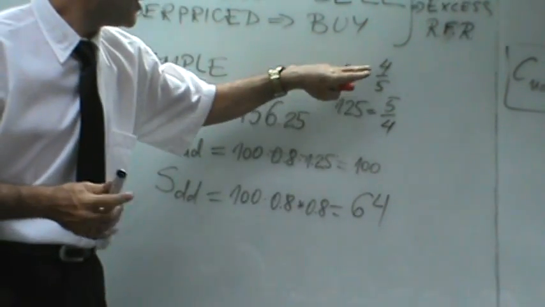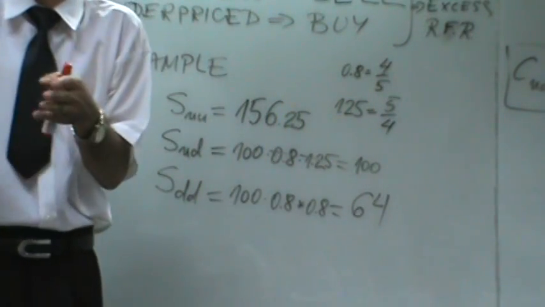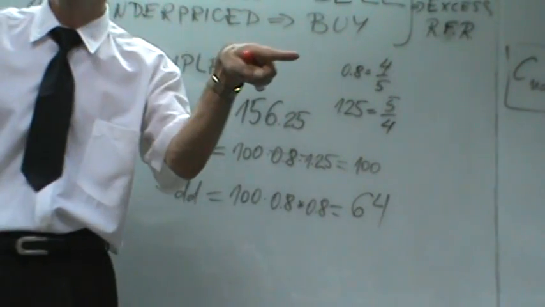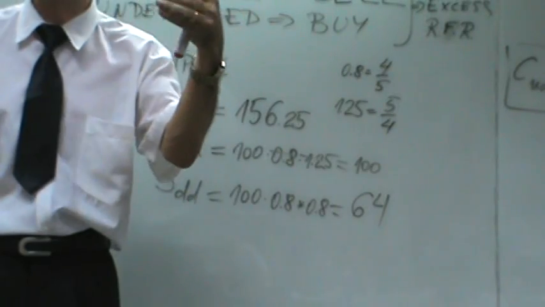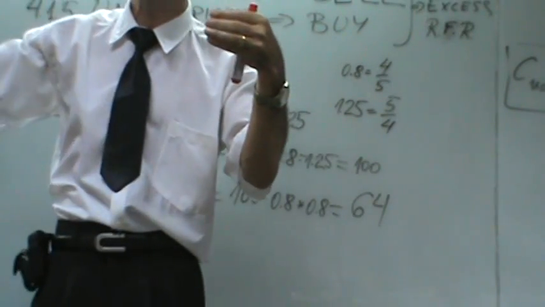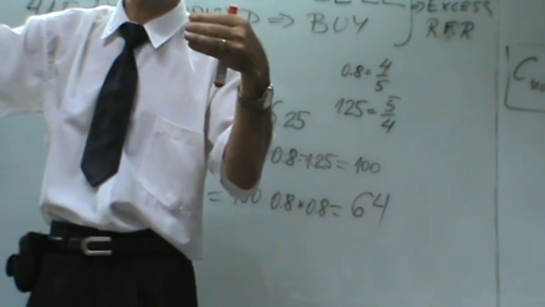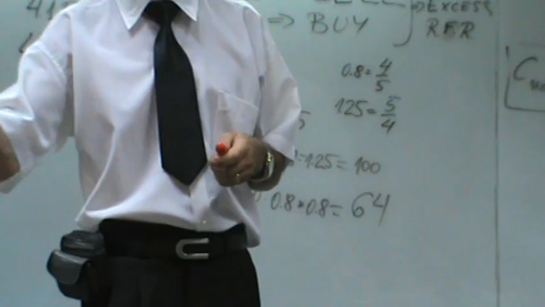So 4/5 and 5/4 cancel each other. We've designed it in such a way that an up and a down cancels out and gives you the same old value. So if you have 100, when you go up and down, you end up at 100. If you go down and up, you end up at 100. That's a simplification, which is not a major problem.